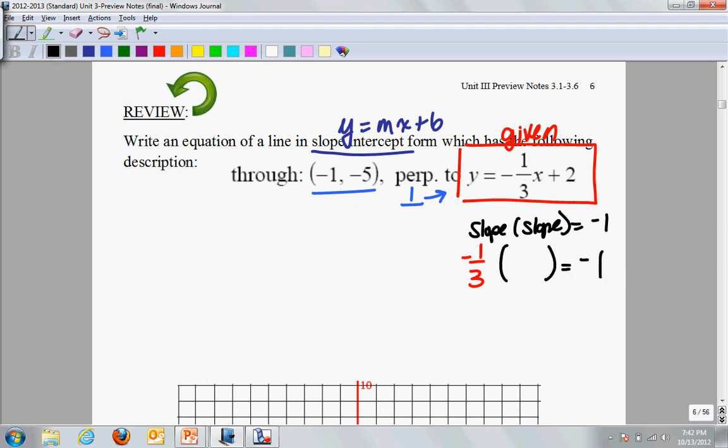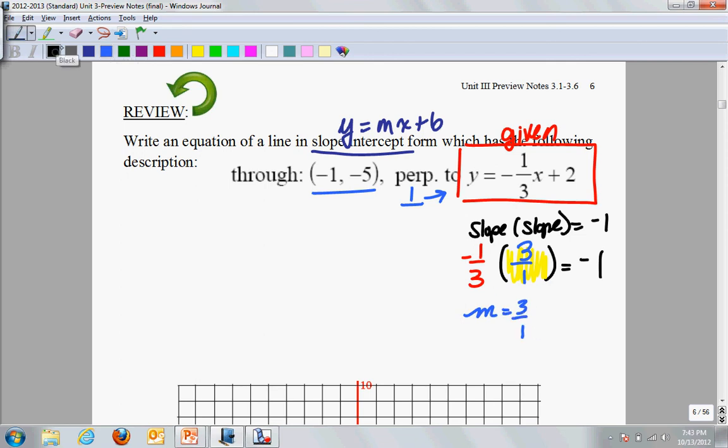So you plug in what we have: -1/3 times something is -1. You have 10 seconds to fill in that blank for the something. You should have written 3/1. So our desired line has a slope, or an m, of 3/1.